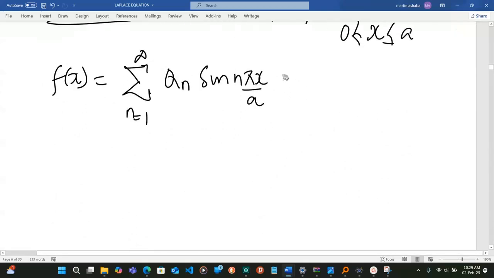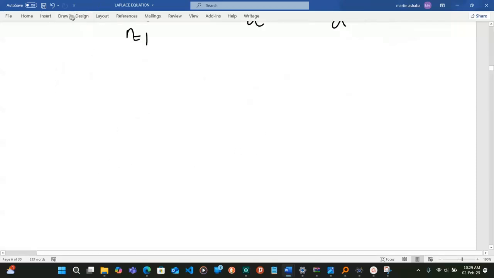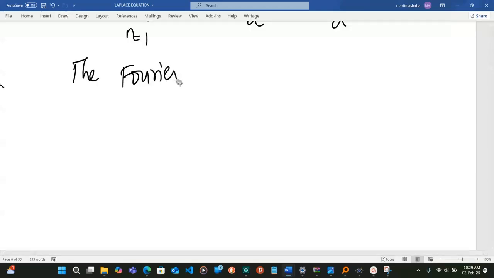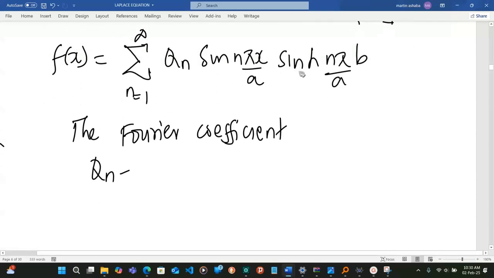So we'll have the hyperbolic function sinh(nπb out of a). What does this mean? It tells us that the Fourier coefficient, therefore, c_n times the hyperbolic sine of nπb out of a.